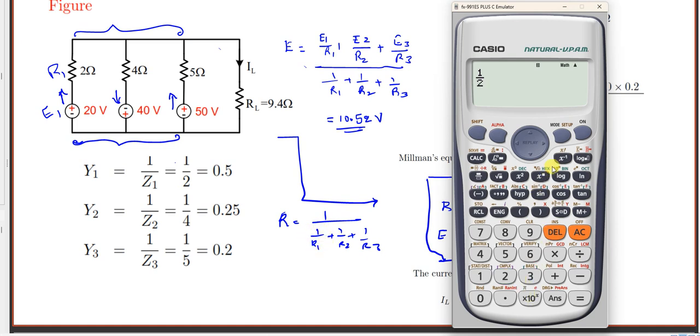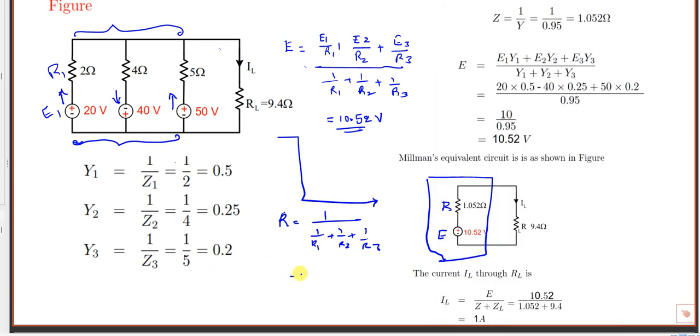R1 is 2 inverse plus 4 inverse plus 5 inverse. So it is 1.05. 1.05 is the answer. Now this is the equivalent Millman circuit.